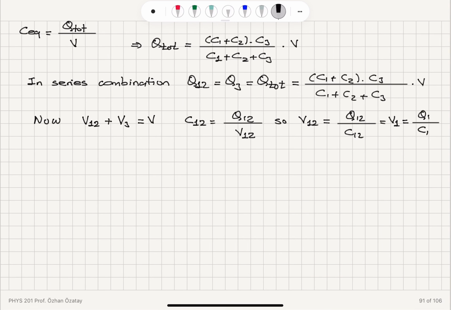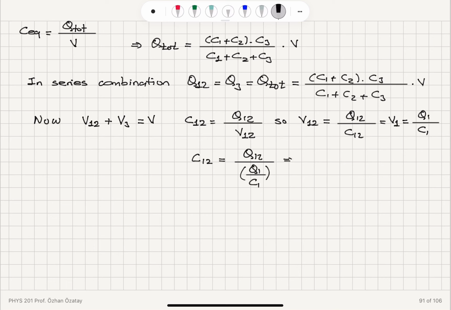Then I can write for C12: Q12 over V12, or Q12 over V1, which is Q12 divided by Q1 over C1.